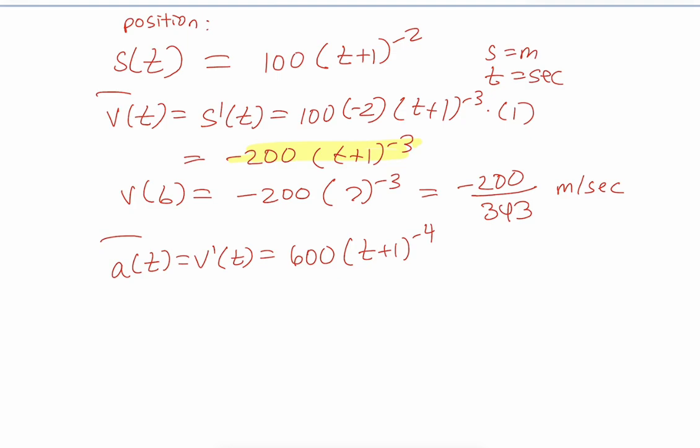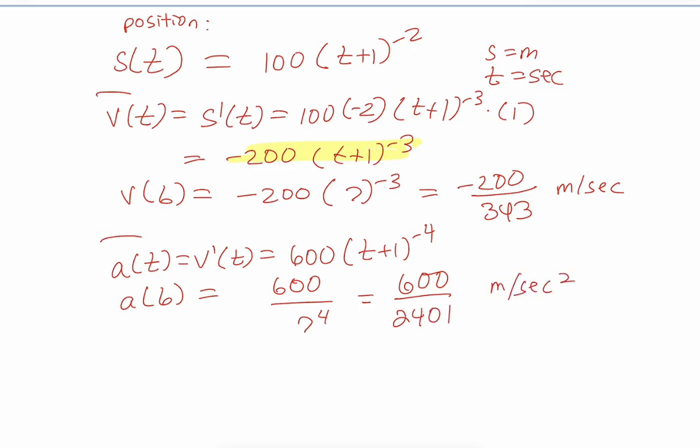And then they said, what is the acceleration at time 6 seconds? So let's plug 6 into that. That would be 600 over 7 to the 4th power. And that is 600 over 2,401 meters per second squared.